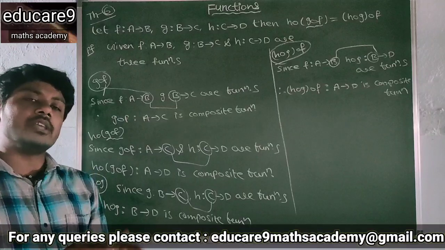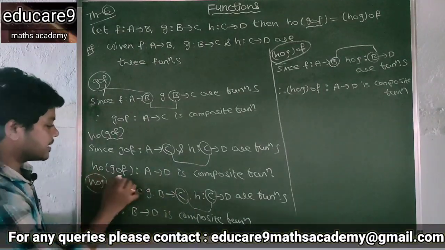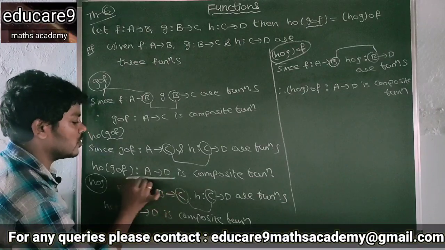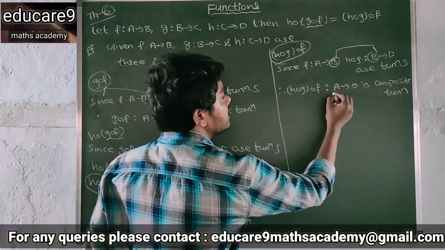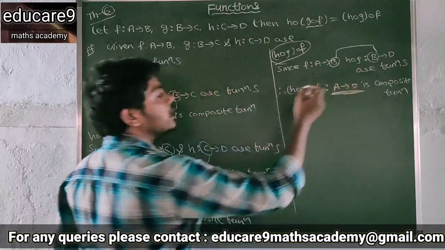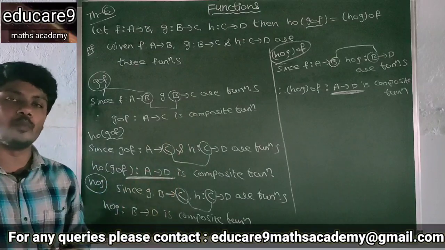So once you observe the left side and the right side mapping, see here, H circle G circle F mapping is what? A to D, and H circle G circle F mapping is A to D. So clearly these two have the same domain.